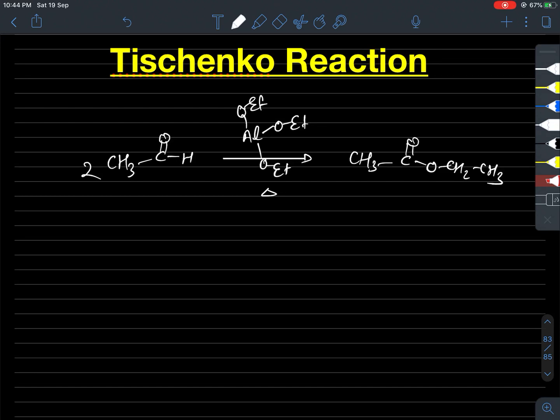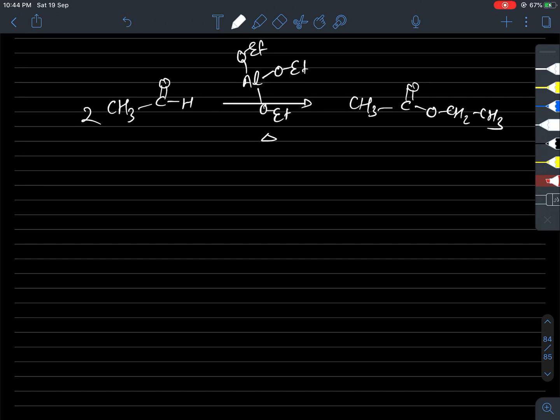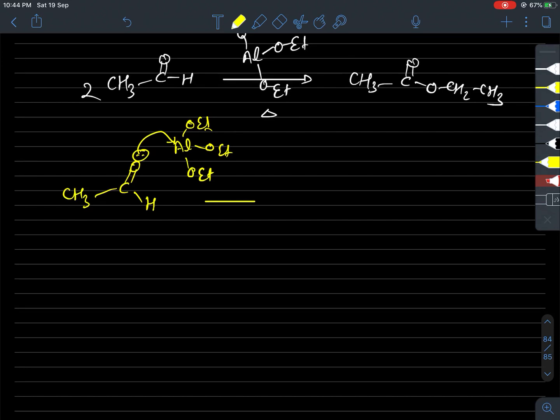So let's look into how the mechanism will look. The very first thing, whenever a Lewis acid is there, it will be seeking a pair of electrons. So Al(OEt)3, which has 6 electrons altogether, will accept the electrons of the aldehyde, and by doing that it will make the aldehyde more active for nucleophilic attack.